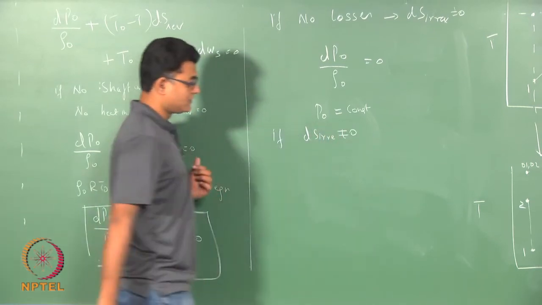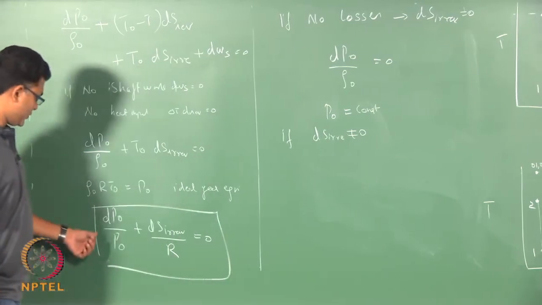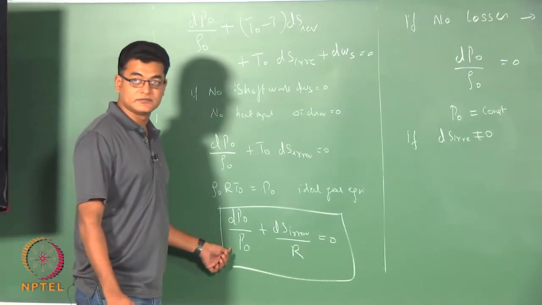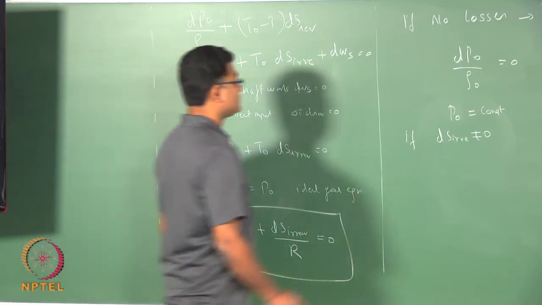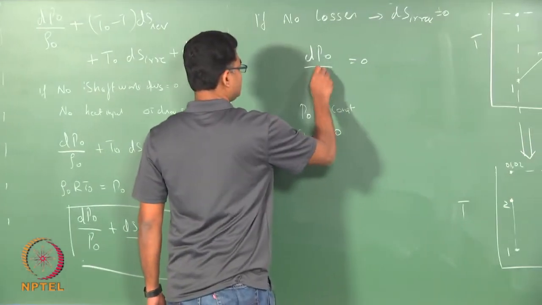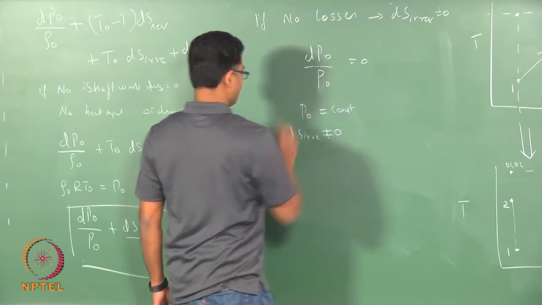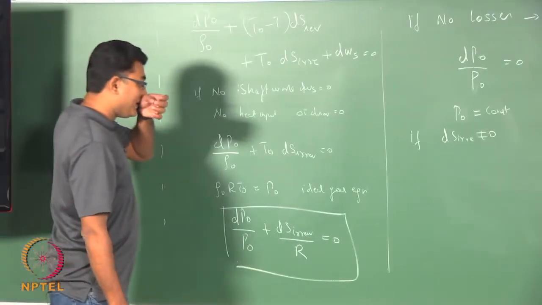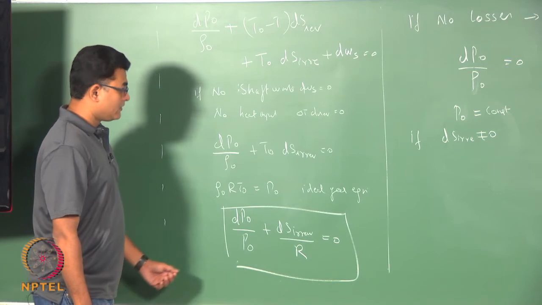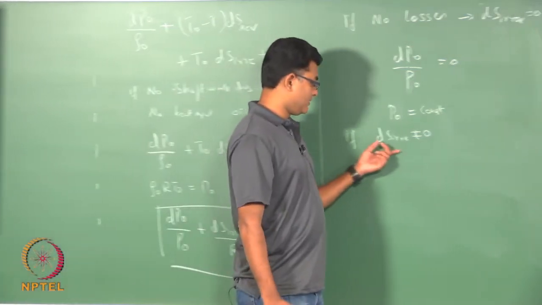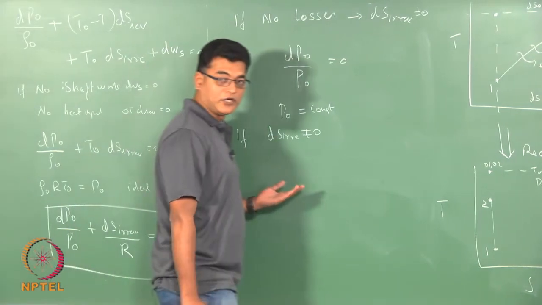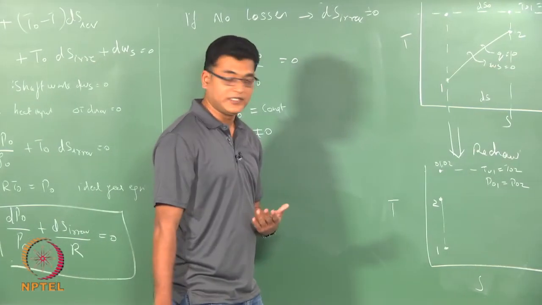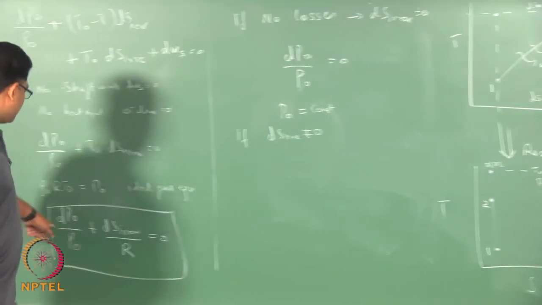But if there are losses, it is not equal to 0, so what do I do? I need to integrate this, dP0 by P0. If there is some loss due to friction or some heating, you need to integrate this equation.